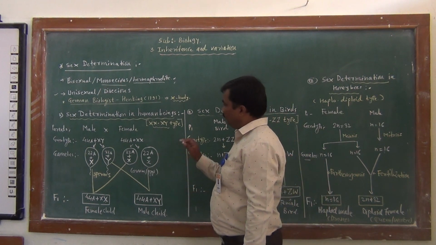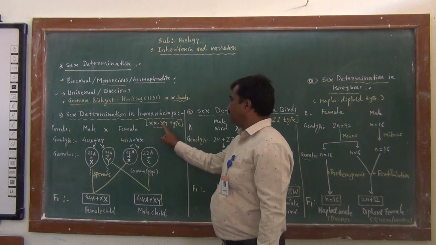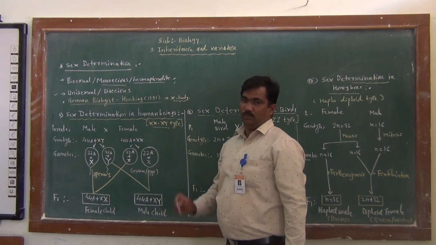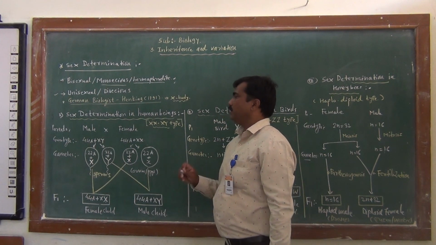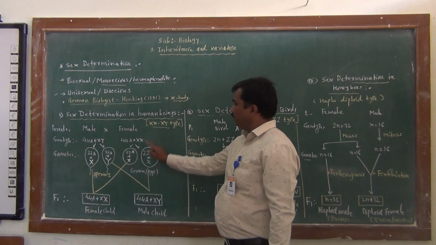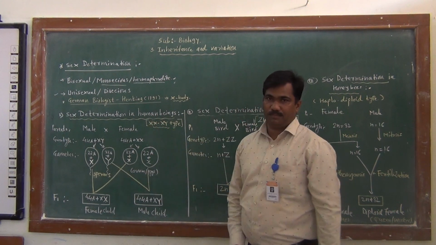In the case of human beings, the mechanism of sex determination is XY type. Which type of chromosomal mechanism of sex determination occurs in human beings? The name of this mechanism is XY type.